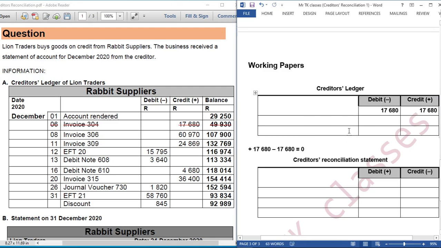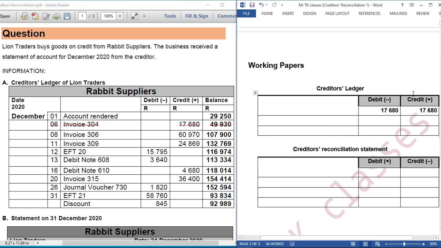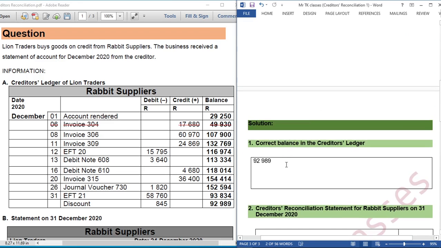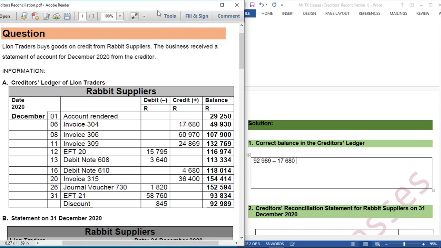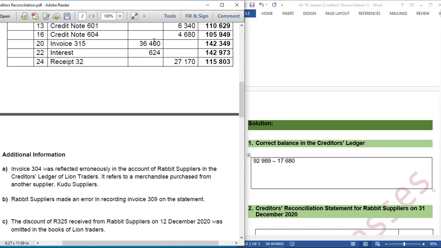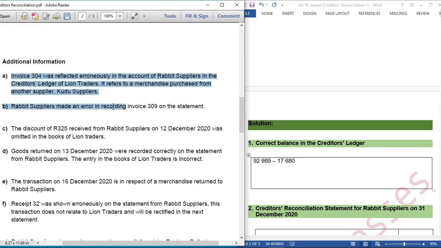So let us go up there and record this. This is negative 17,608. Okay, then let us move to B.